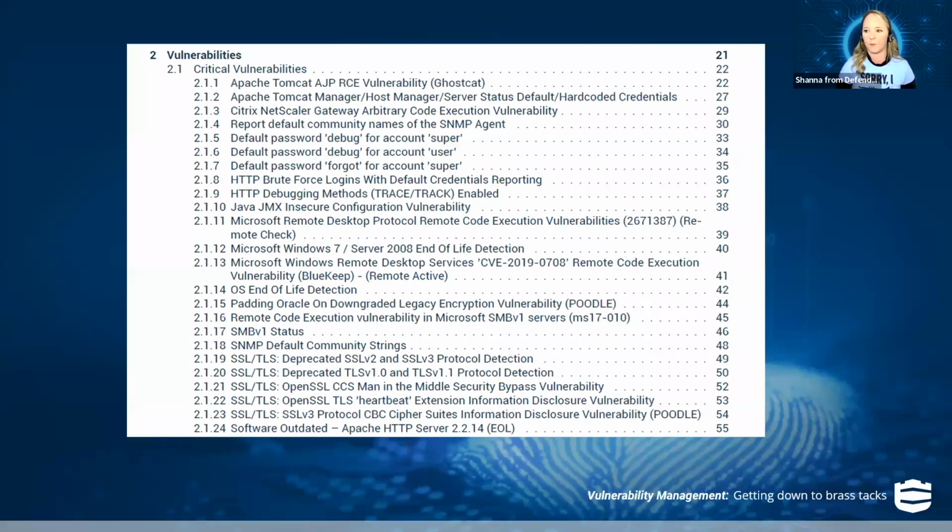End of life workstations, servers, all kinds of crazy things. RDP, it's another very popular one there. We've seen, oh goodness, BlueKeep and Heartbleed, and let's see, what else? Yeah, tons of different ones. This is just a sampling of one of our customers.